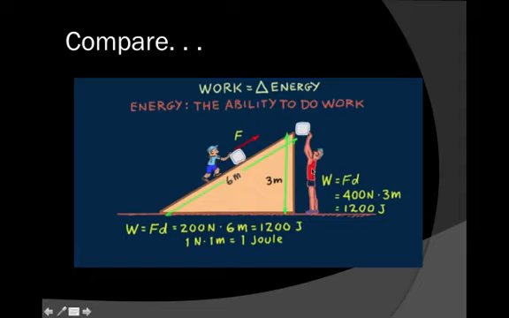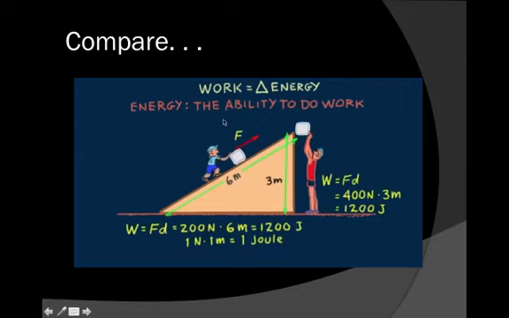So if we take a look at this tall man who decides to just lift the block straight up, he has to apply more force in order to lift this block up than the boy that's pushing the block up the incline. However, he has less distance that he is going to apply this force during.